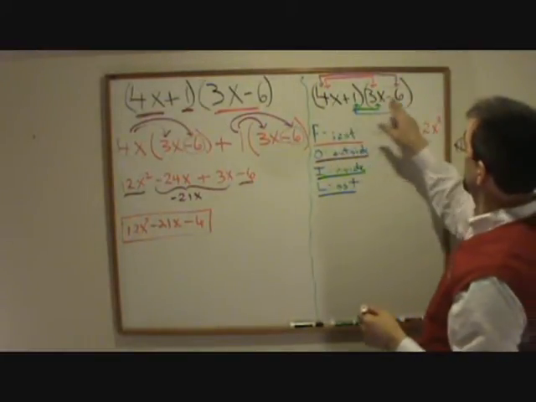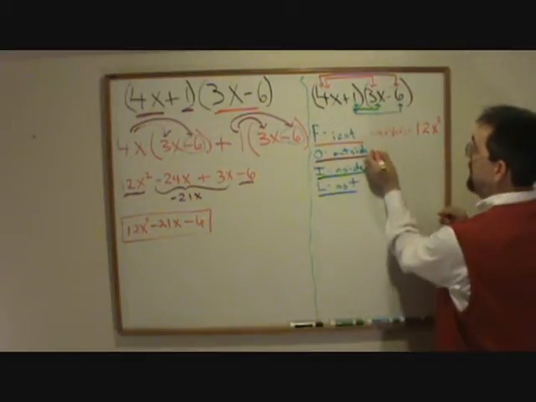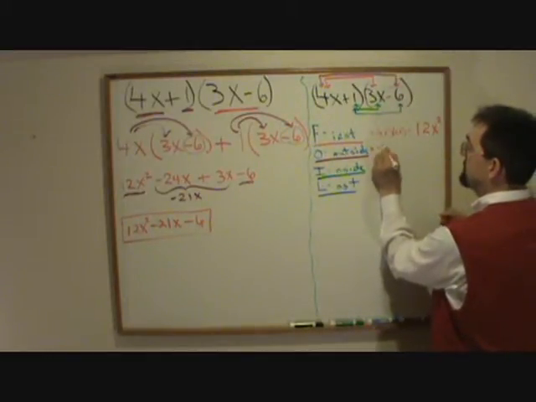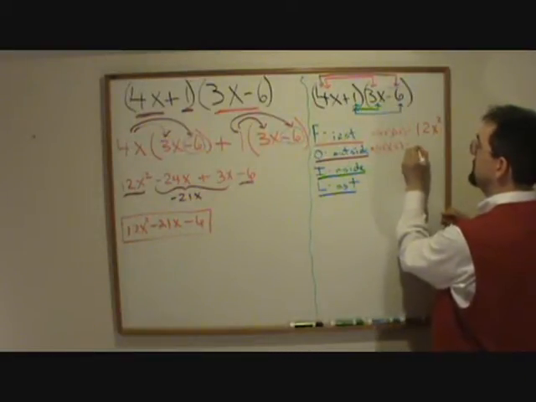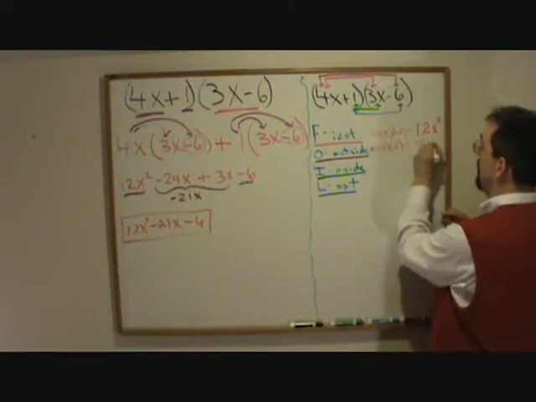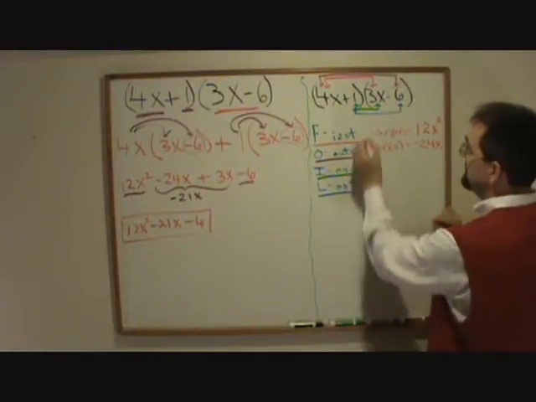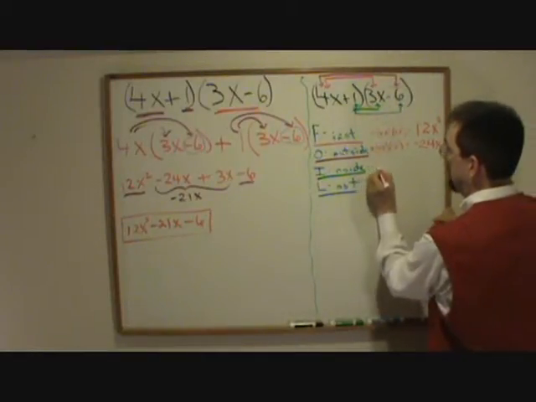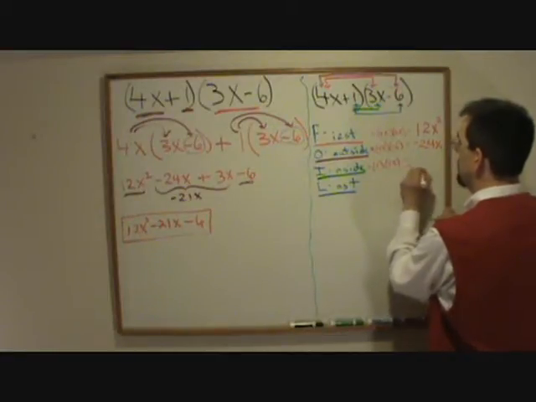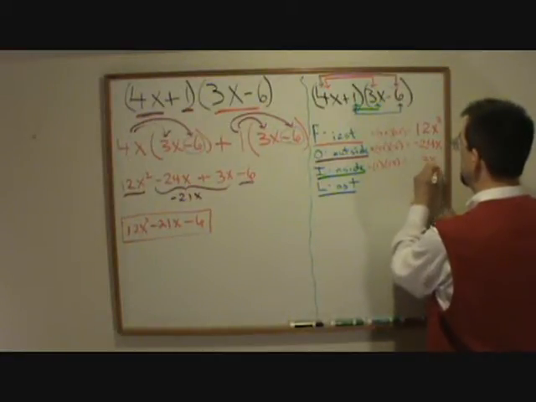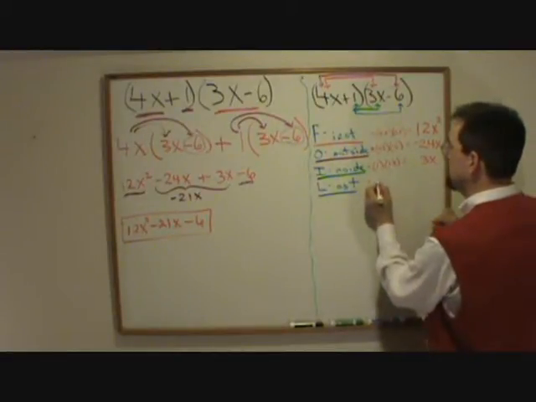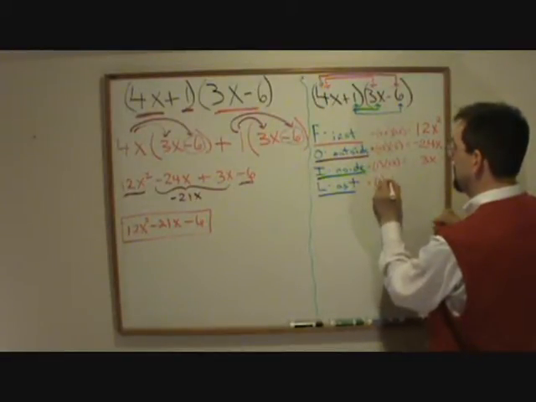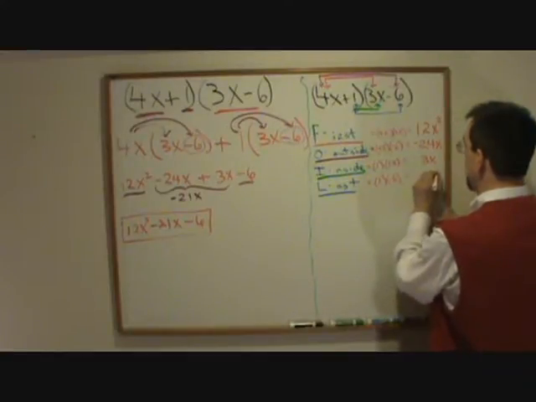Outside gives us 4x and the minus 6, which gives us minus 24x. Inside, 1 and the 3x gives us 3x. And last, 1 times the minus 6, giving us minus 6.